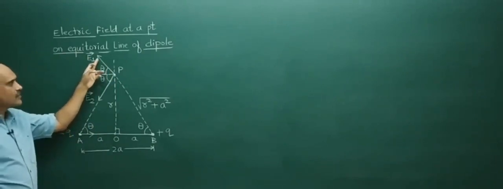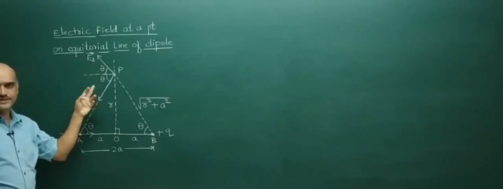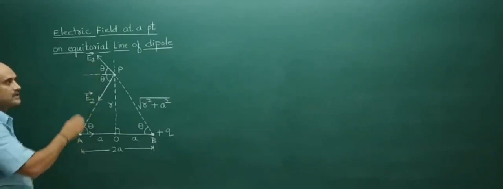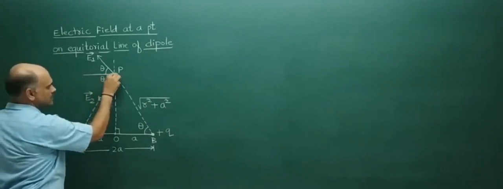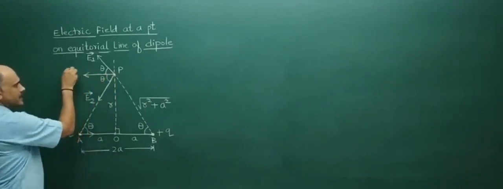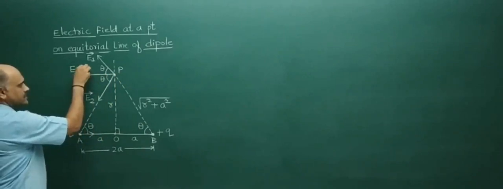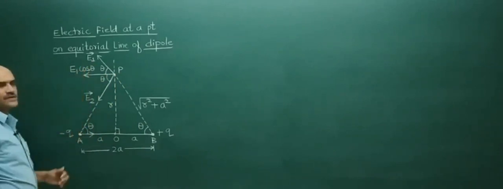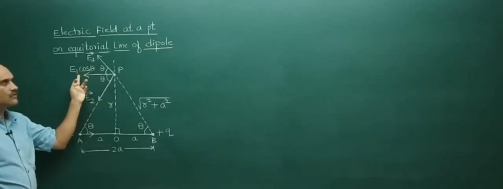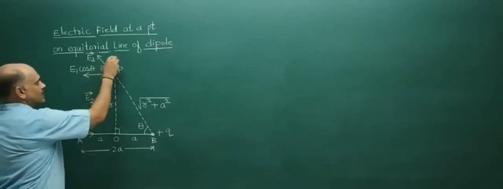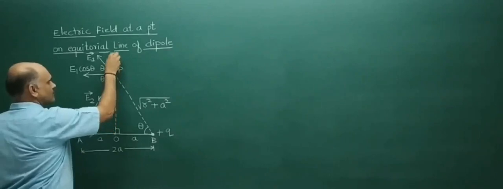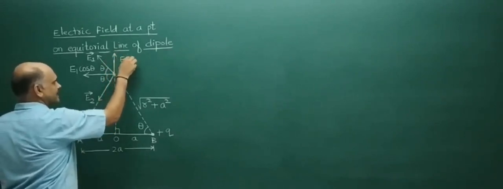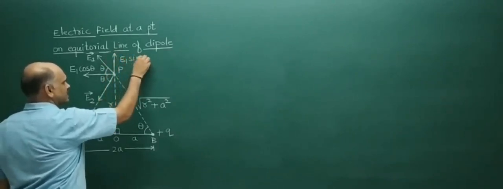Now I will resolve these two fields, E1 and E2. If I resolve E1, the horizontal component will be E1 cos theta and the vertical component will be E1 sin theta.